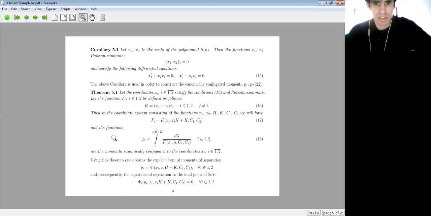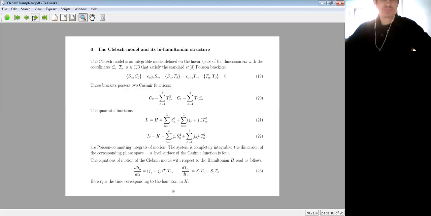So integrating equation 18, we obtain pi as some function of xi, h, k, c1 and c2, and consequently we obtain as a final point some equations of separation, which may be different for different indices 1 and 2, as we will see below. So now I can finally pass to the Clebsch model. What is a Clebsch model?